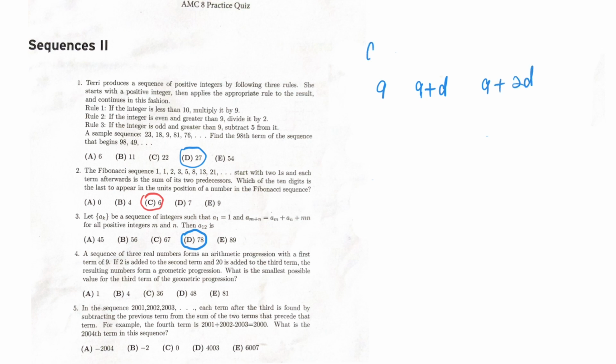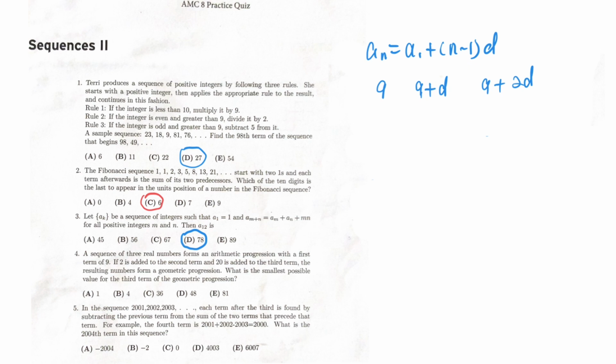The general term is an equals the first term plus n minus 1 times common difference. So first term is 9, second term 9 plus D, the last term is 9 plus 2D.